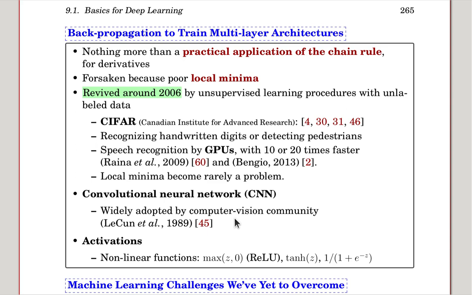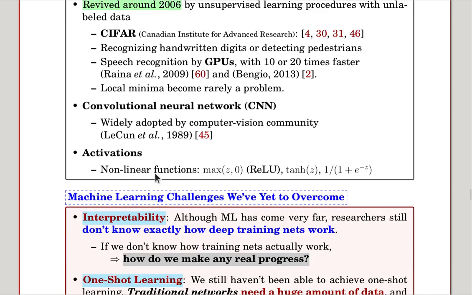Also, a part of the new algorithm is activation functions. Activation is not only limiting values, but also adding some nonlinearity. Examples of activation functions are here: the rectified linear unit, the hyperbolic tangent function, and the sigmoid function.